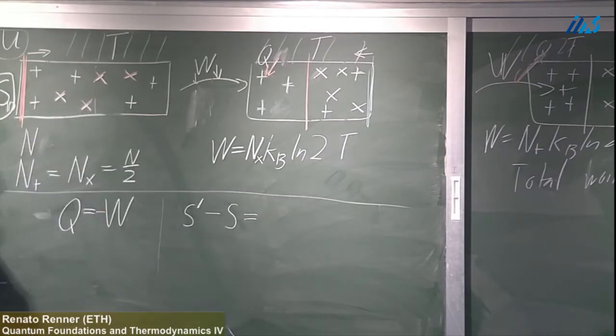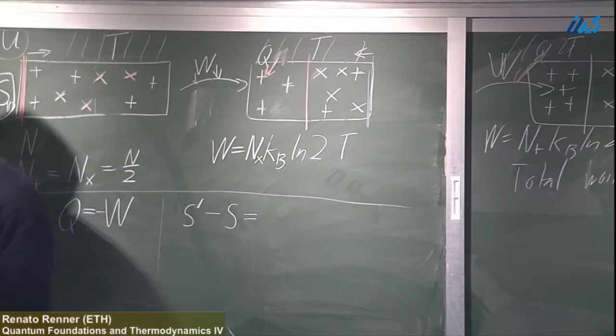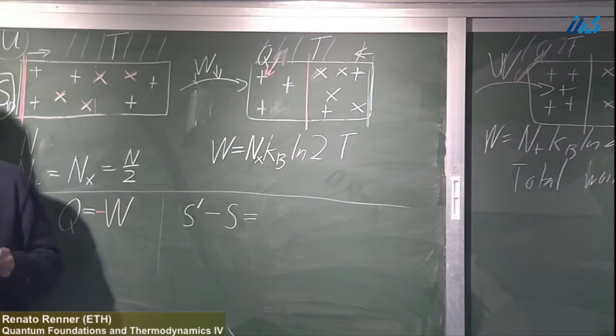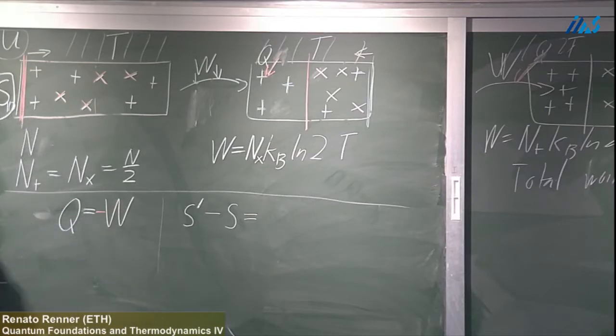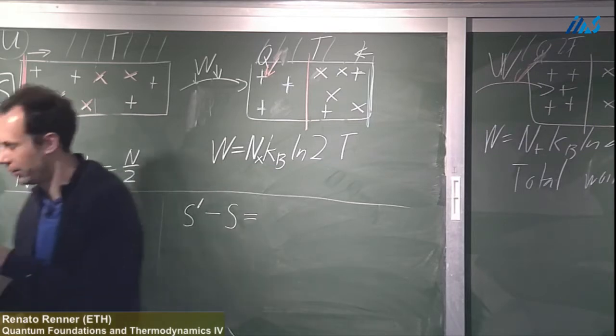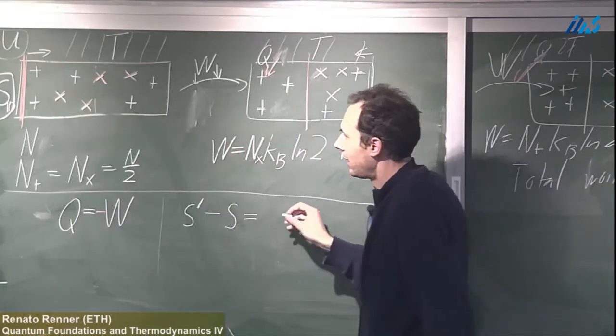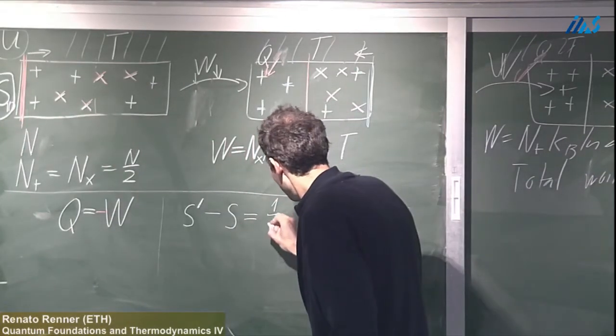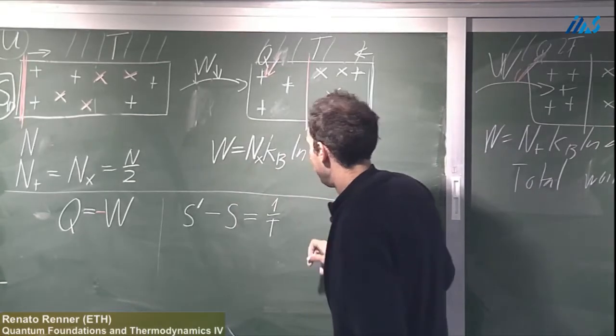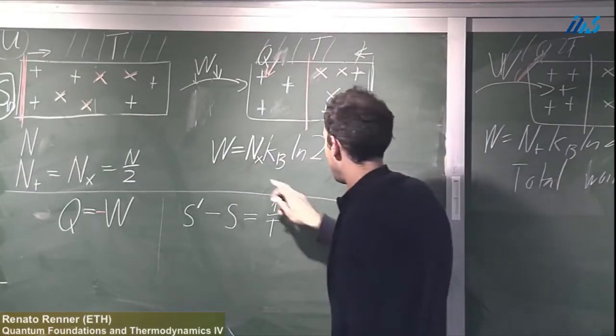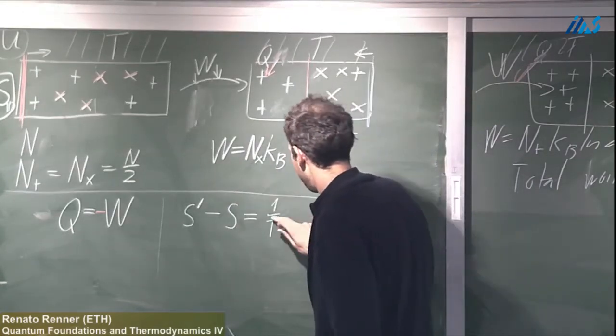So this differential definition is defined for infinitesimal heat flows into the system. But if I integrate that up, I can do that very easily because the temperature is constant. So it just tells me that the total entropy change is given by the total heat flowing into the system divided by the temperature. So this is now given by 1 over T times this thing here, that times minus that.